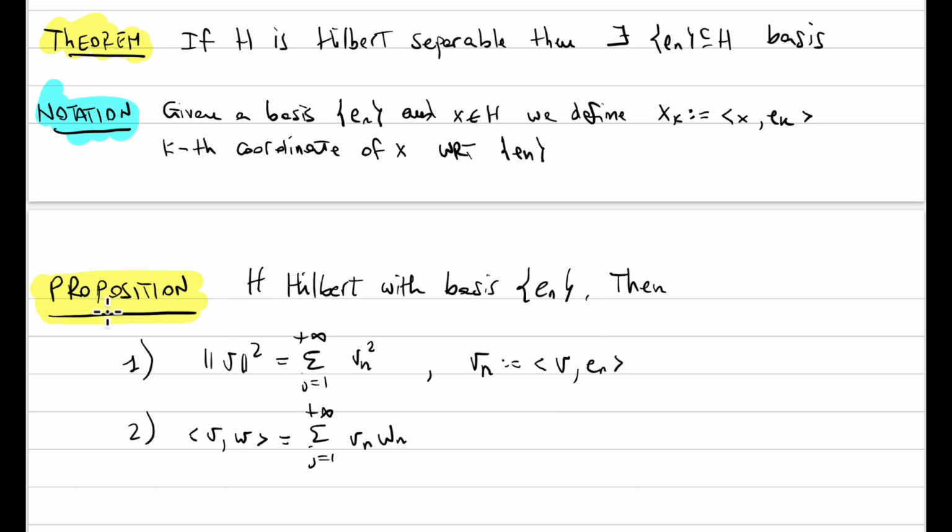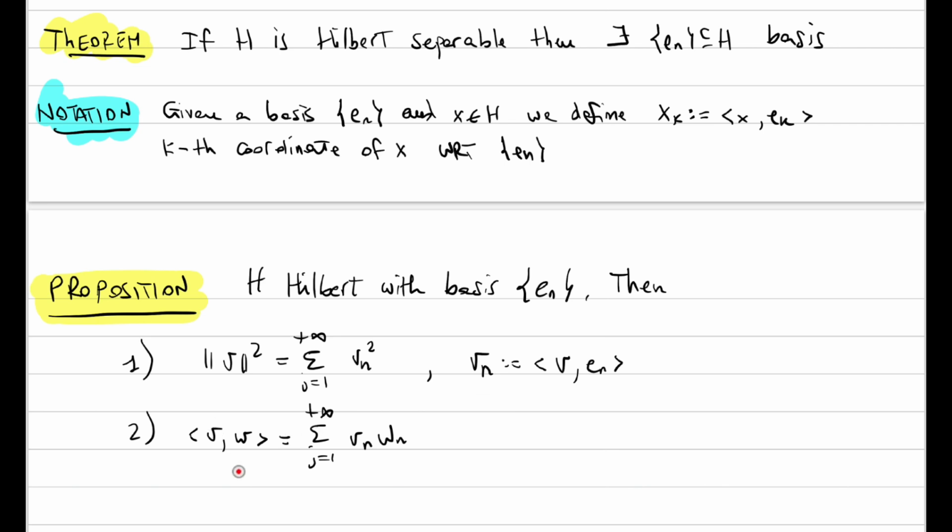Okay, so the proposition, as I was mentioning, is something similar to what happens in R^d. If H is a Hilbert space with basis e_n, then number 1, the squared norm of a vector v in the space is just the series of the squares of the components of v with respect to the basis.